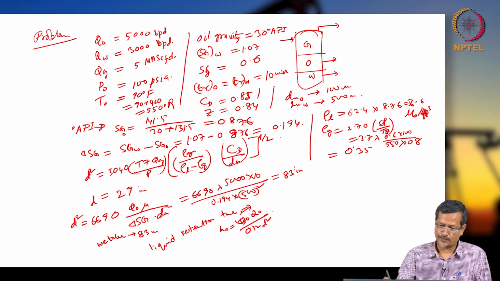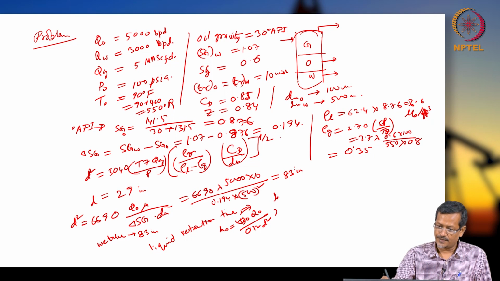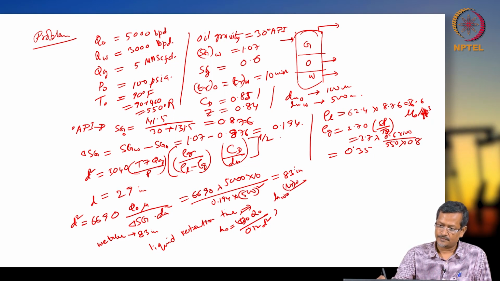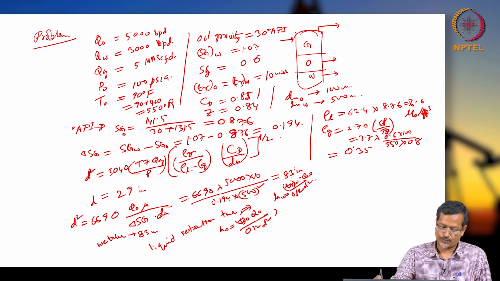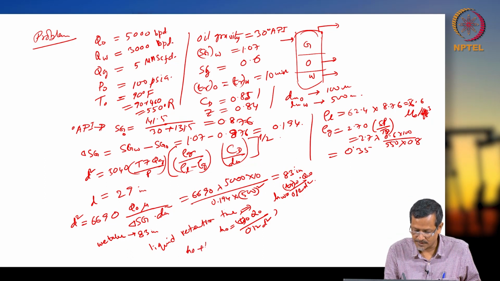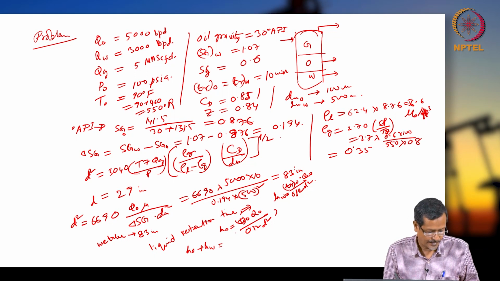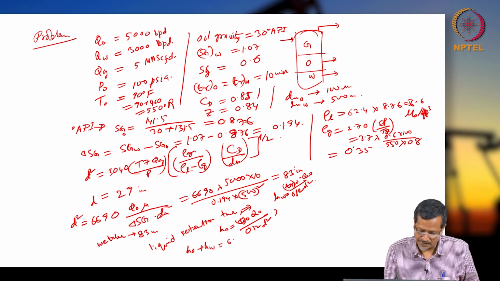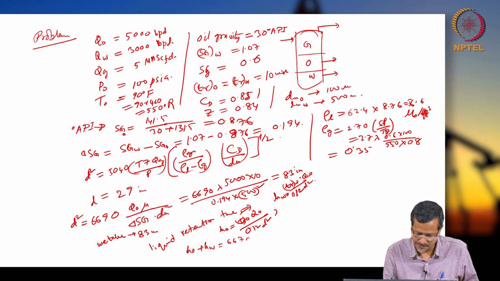From the previous formula, H water equals TR water into Q water over 12 D square. If we add these two, HO plus H water, it is coming like 667,000 over D square.